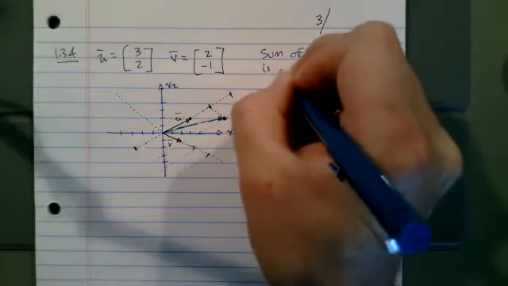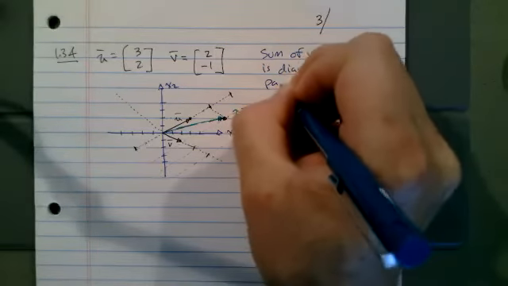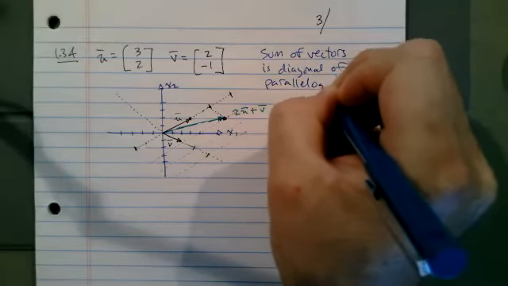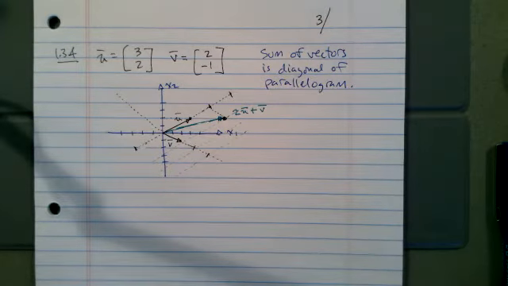The sum of vectors is going to be the diagonal of a parallelogram. That's the concept.